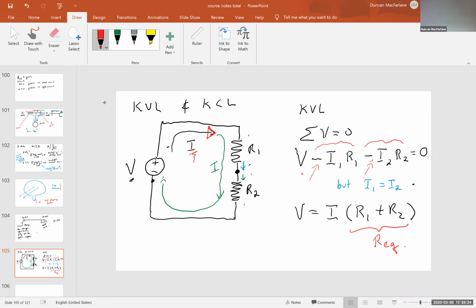So the resistors are going to add here and here. And the real question is whether or not you want to put a positive sign or a minus sign there. And so I'm calling this the voltage rise is equal to the voltage drop across the resistors.